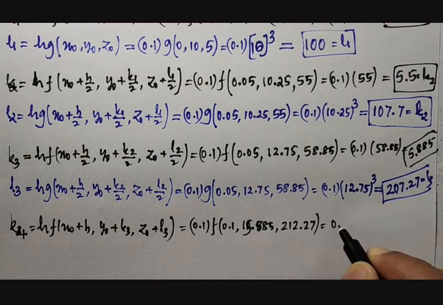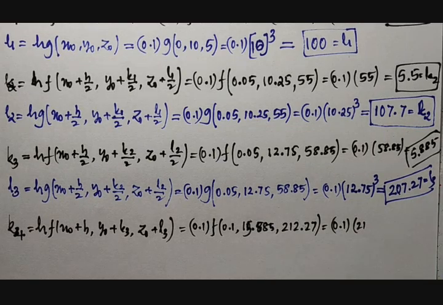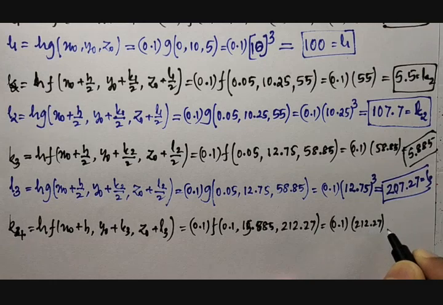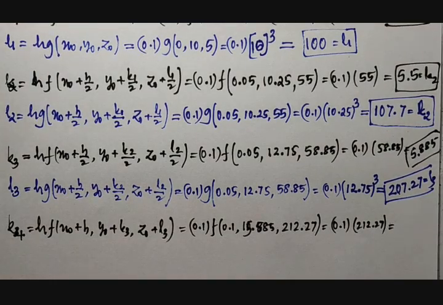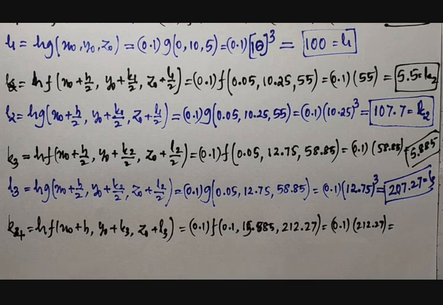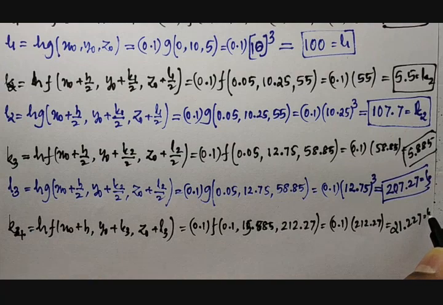Therefore this is 0.1 into 212.27, calculate this, it is 21.227. This is K4.